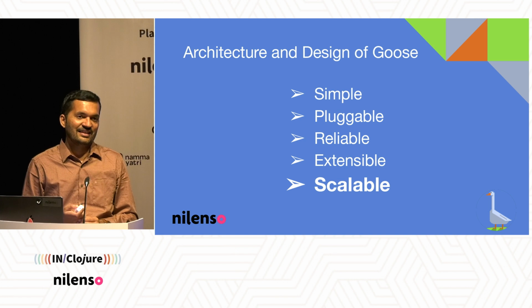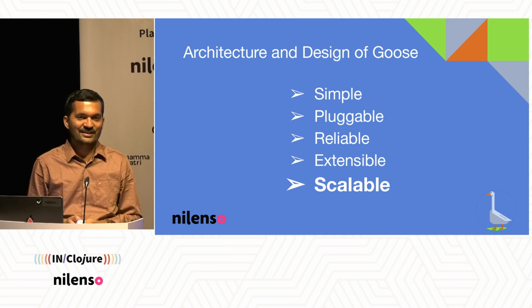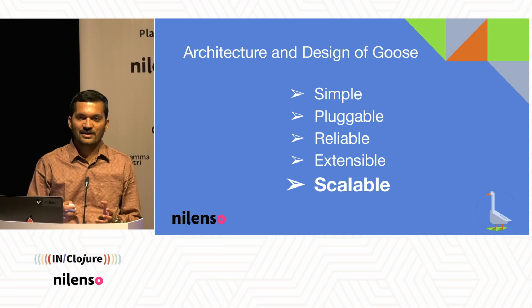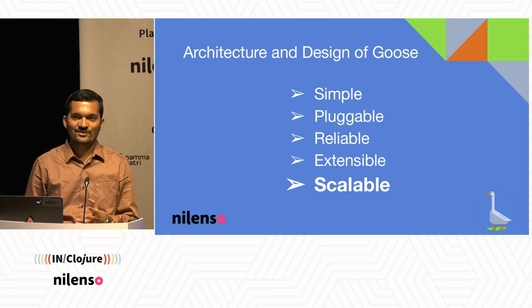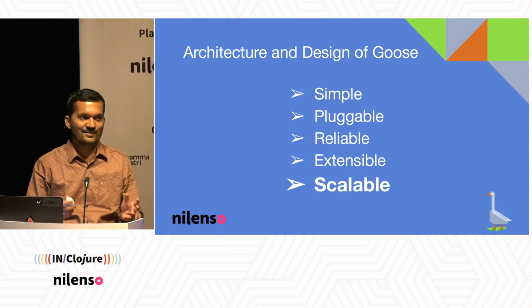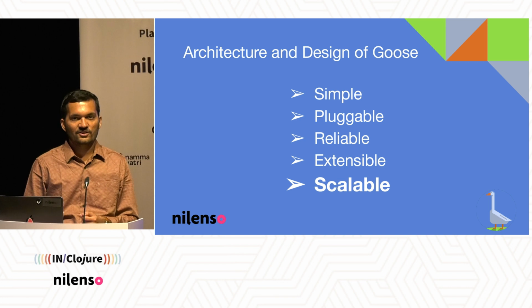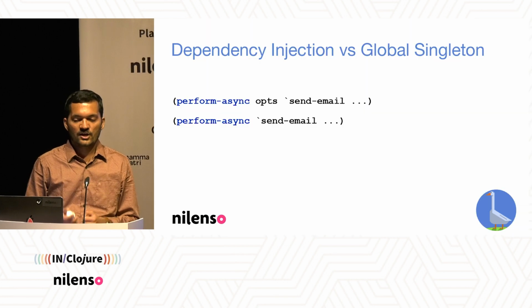And finally, let's talk about scalability. So scalability is not just about how can I do 10 million requests per minute, how can I handle petabytes of data coming in, but it also arises from how you are designing something. Bare minimum I can talk about is dependency injection versus global singleton.